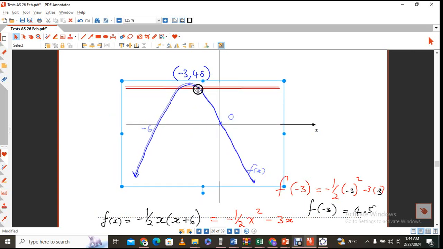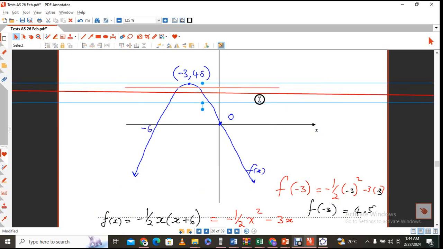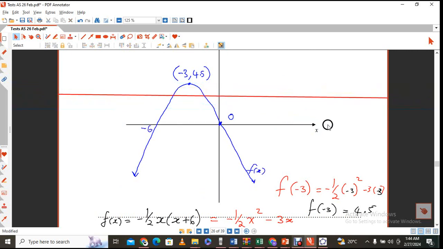So what we are then saying is for that line y equals to k to have two negative roots, it must take place between 0 all the way up to 4.5, right? That 4.5 being over there. So our k value would be between 4.5 and 0, but not included, because if it's there it will just have one solution.